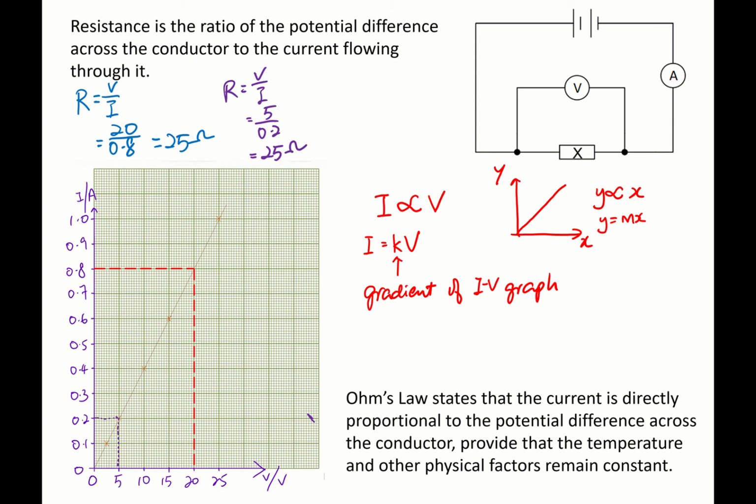So that means for Ohm's law, the resistance value is actually constant, whatever value of V. I say again, if the component obeys Ohm's law, its resistance is constant for whatever value of V.